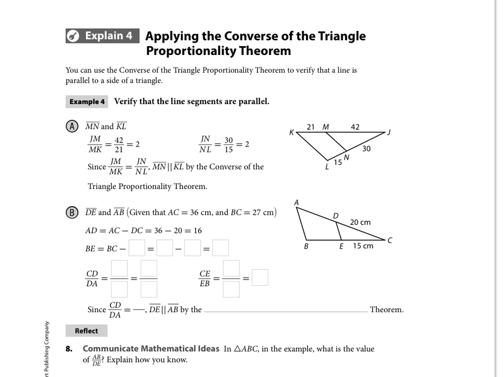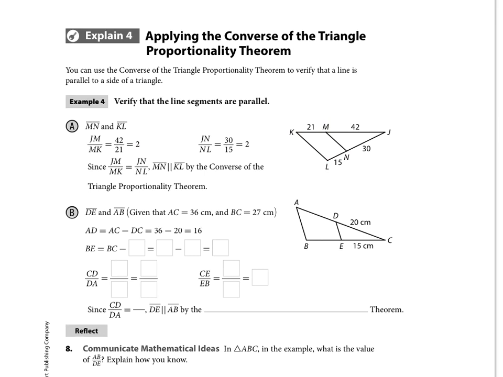So if we simplify JN over NL, the right-hand side of the triangle there, 30 to 15, also comes out to be 2. So because those two sides are divided proportionally, we can say, yes, MN and KL are parallel.